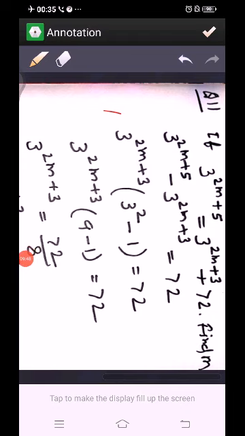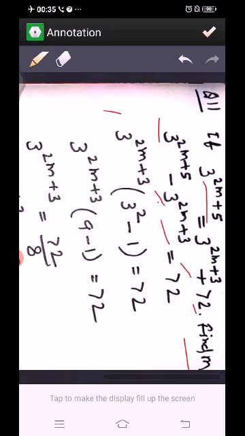Now let's take question number 11. If 3 power 2m plus 1 equal to 3 power 2m plus 3 plus 72, then find m. So we will transpose from right hand side to left hand side. So we bring this side, that will be minus 3 power 2m plus 3.